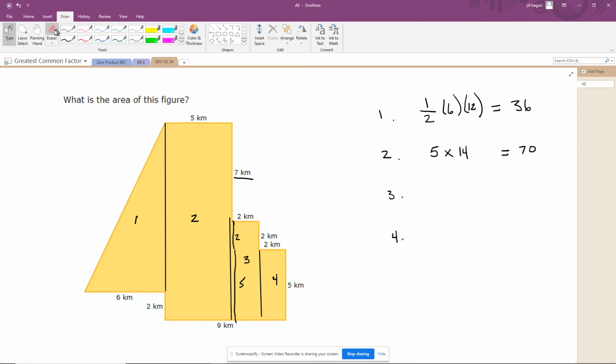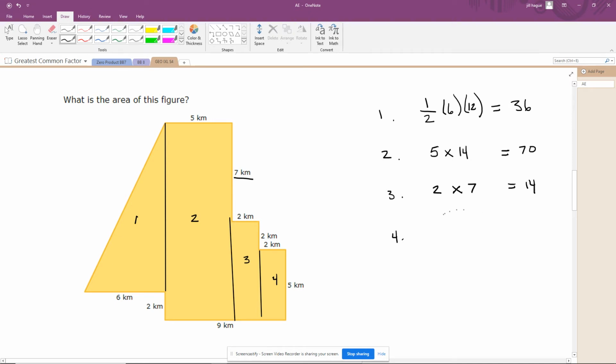And then I'm just going to erase these numbers so we don't get confused. And it looks like I erased my line right there. That's not great, but we'll go with it. And then shape 3 is going to be a 2. And then the height of that rectangle is 7. So that's 14.